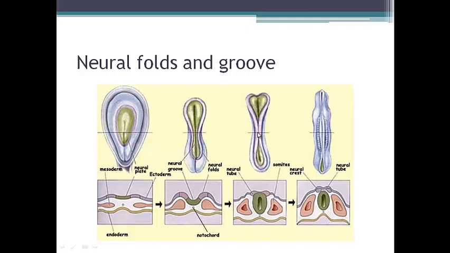In this third picture, they've fused together in the midline, and like I said, the fusion continues cranially, towards the expanded end of the embryo, and caudally, towards the lower end of the embryo, and then eventually you have a completely formed neural tube.